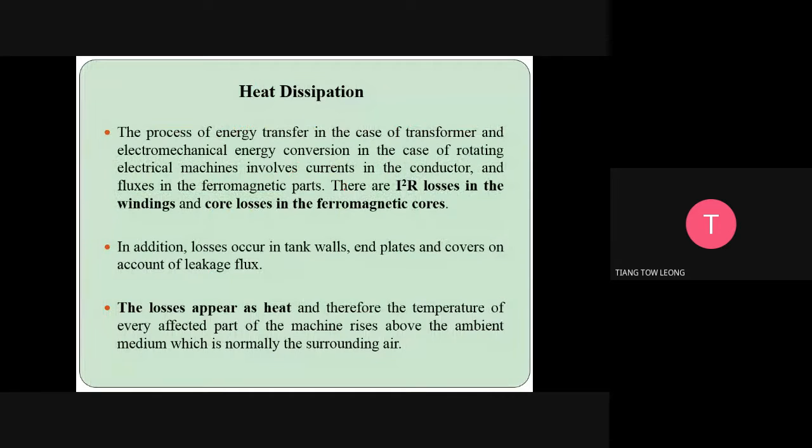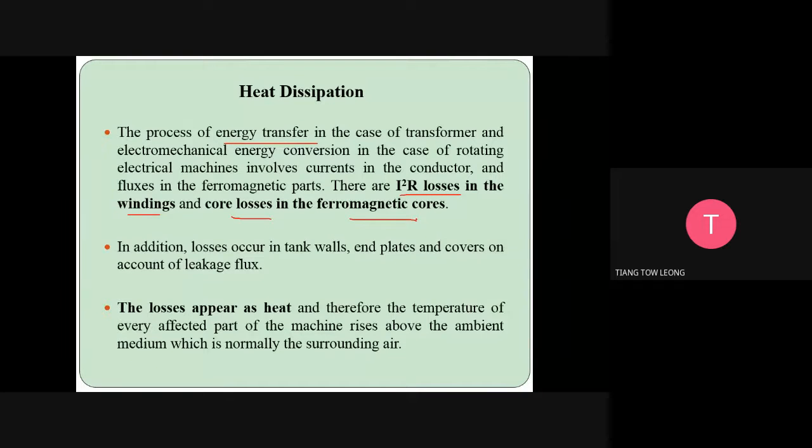Okay, so we focus on the heating first. The process of energy transfer in the case of the transformer and electromechanical energy conversion in the case of the rotating electrical machine involves current in the conductors and fluxes in the ferromagnetic parts: the I2R losses in the winding and the core losses in the ferromagnetic cores. These are the two main components in the electrical machine, especially in the transformer.